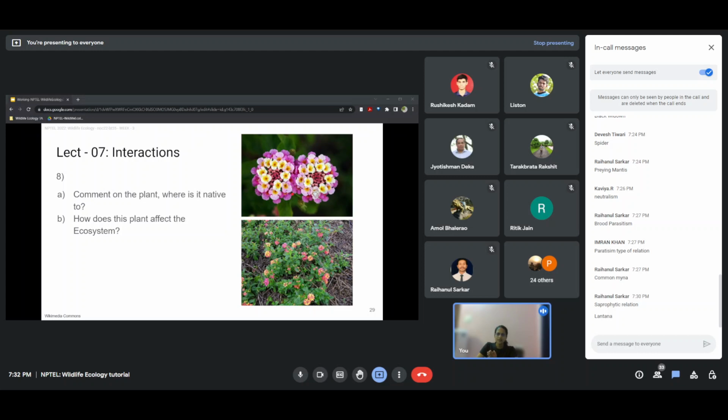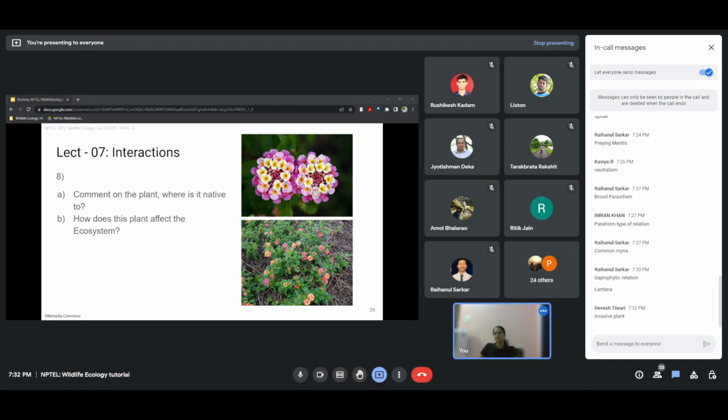Wait, sorry, did I miss this, or are you talking about the species being saprophytic? Or was that a previous answer? All right. Yeah, okay. So Ryanul says that the species is lantana. Yeah, correct. It's an invasive plant.